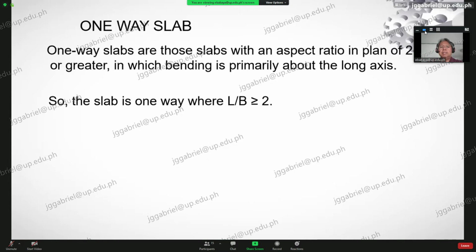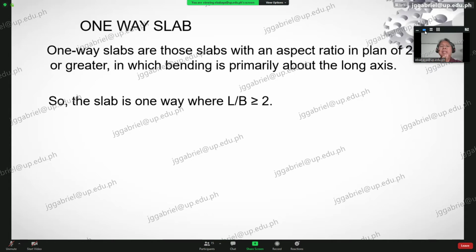What is a one-way slab? It says here one-way slabs are those slabs with an aspect ratio in plan of 2:1. Okay? 2:1 yun. Or greater, it says. When you say greater, pwedeng 2.5:1, 3:1. Okay?